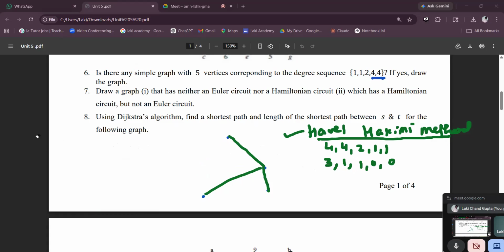You see, when you delete this, delete means you remove the first four, and one is subtracted from each. Understood?